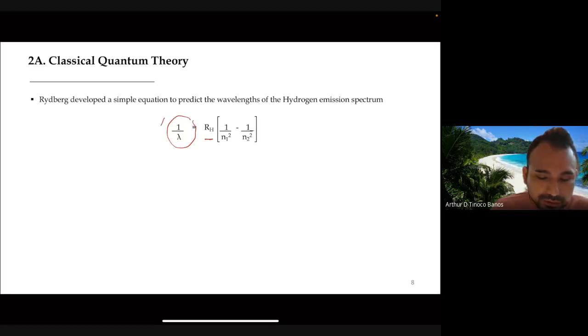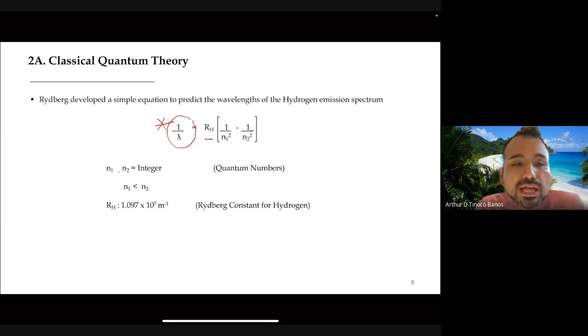The first part of this helps us to get a measure of the energy, from the perspective of wavelength, because there's a correlation between energy and wavelength, as I already showed you previously. But those n1, n2 values are integers. And what specifically are they? Well, they are the quantum numbers. They define the orbit in which the electron exists. And the way this equation was written, n sub 1 is lower in value than n sub 2.